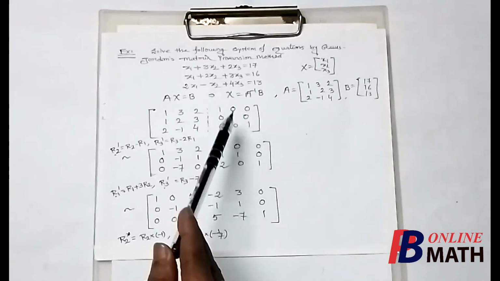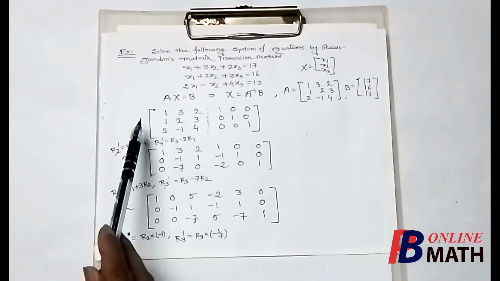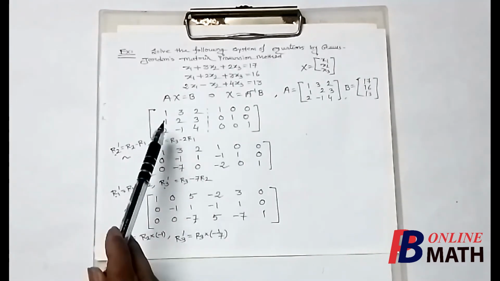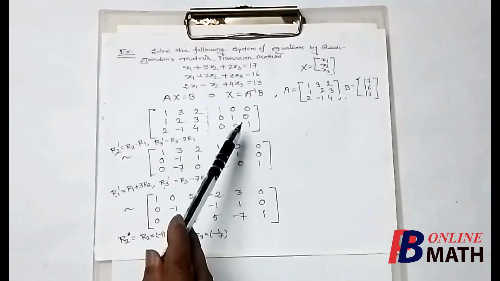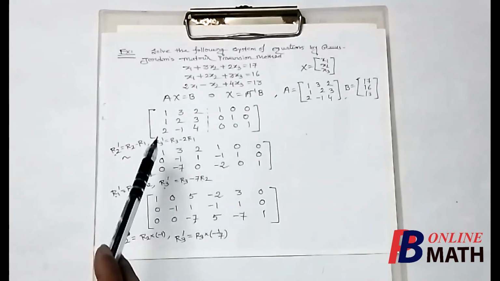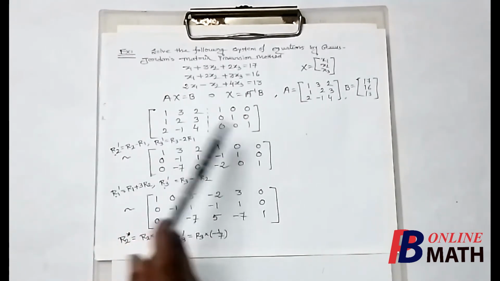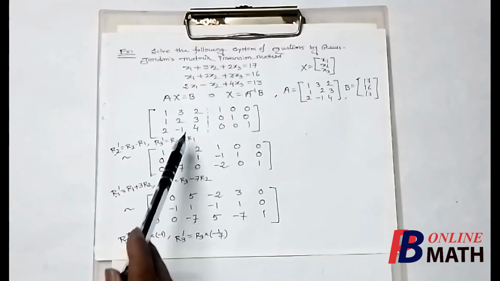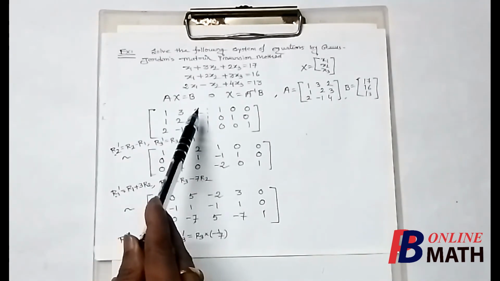So we need to find the inverse of the matrix A. In that case, we shall consider this augmented matrix, where the matrix A alongside the matrix I3, the identity matrix of order 3. So we shall consider this augmented matrix and we shall apply elementary row operations on this augmented matrix. Our target will be to make the left hand side, that means the coefficient matrix, as identity matrix.